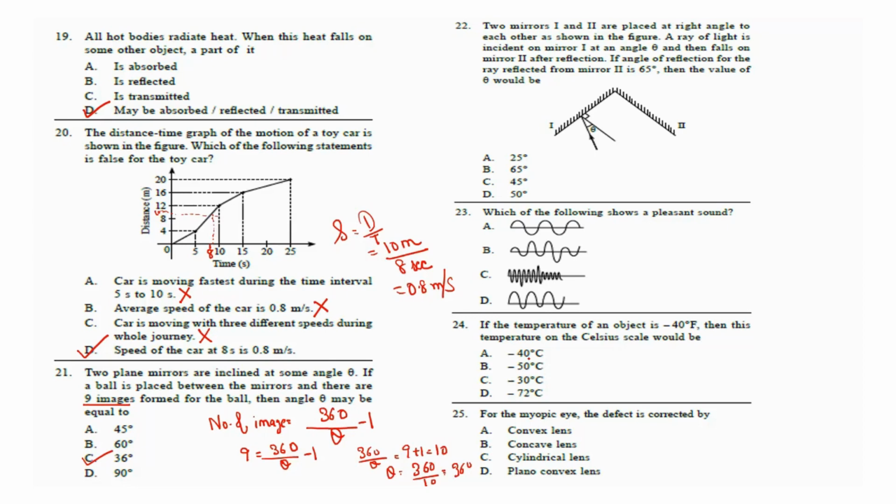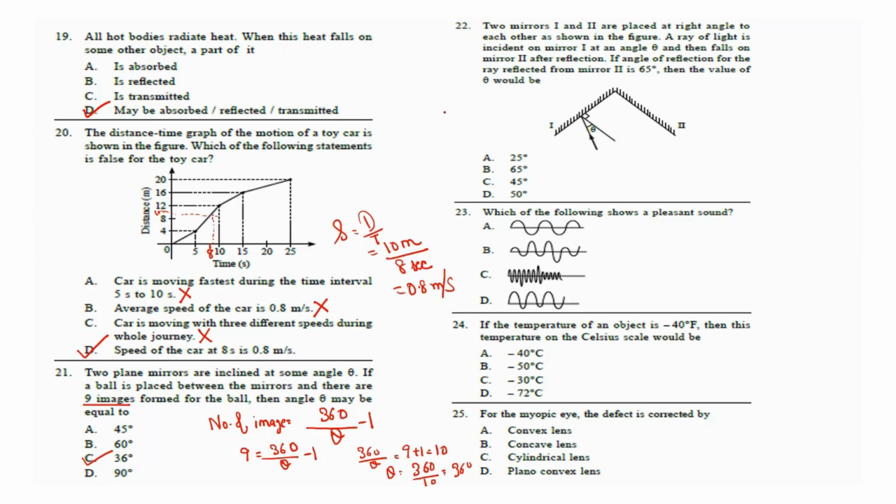Okay. Now, we come to question number 22. In question number 22, it is said, two mirrors 1 and 2 are placed at right angle to each other as shown in the given figure. A ray of light is incident on mirror 1 at an angle theta and then falls on mirror 2 after reflection. If angle of reflection for the ray reflected from mirror 2 is 65, then the value of theta would be. So, let's find out.